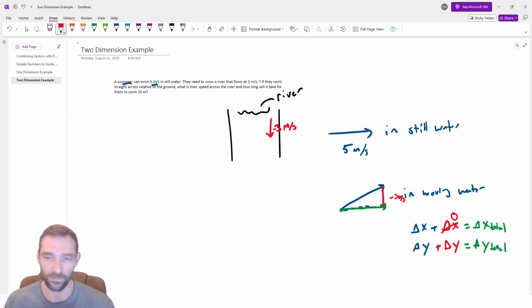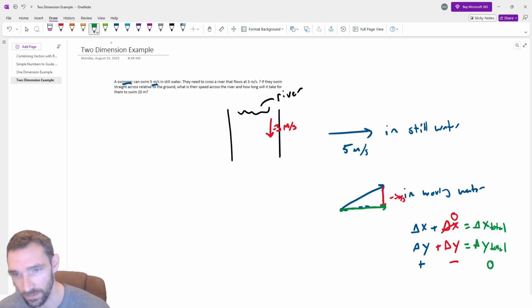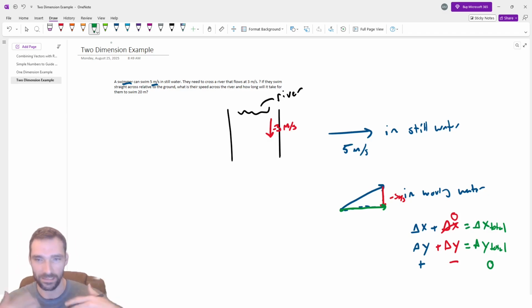The only time that we're really looking at vectors being combined is in the y, and these are equal and opposite. So whatever this is as a negative number, this was as a positive number to give us a value of 0. This final vector is going straight across.